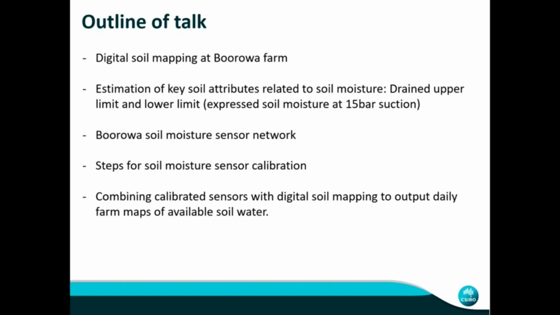It's very much a data-rich exercise, in that we've got all these sensors, we've got all this soil mapping, and how do you bring all those together to come up with useful outputs that are going to be used for farming operations, or for precise management of crops across the farm and other places.